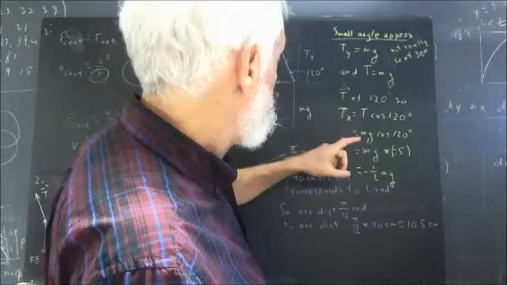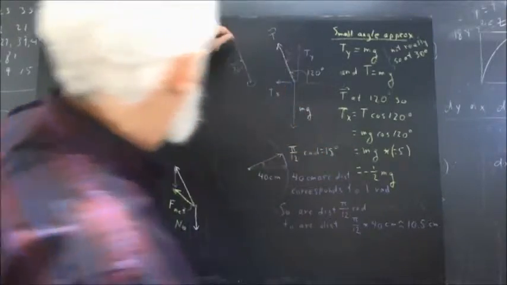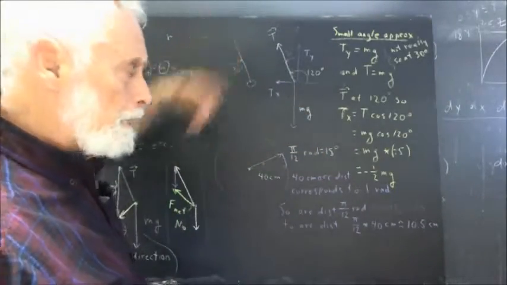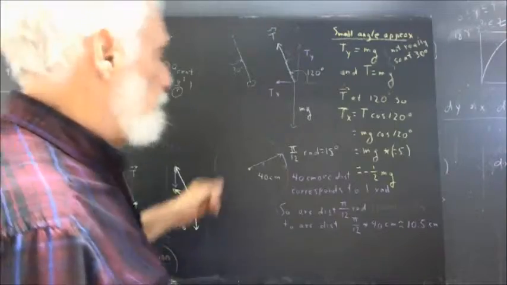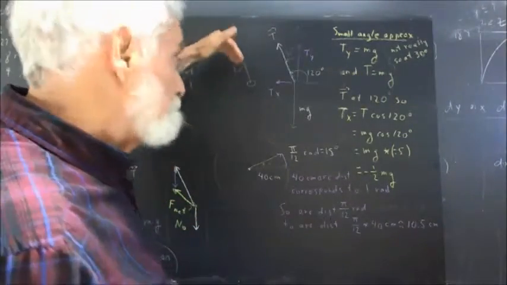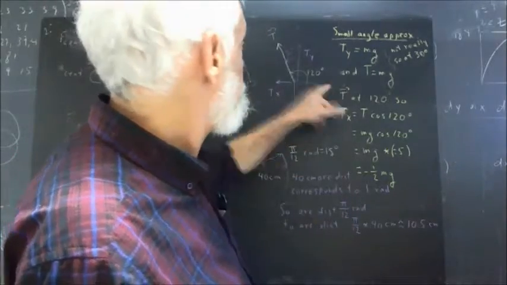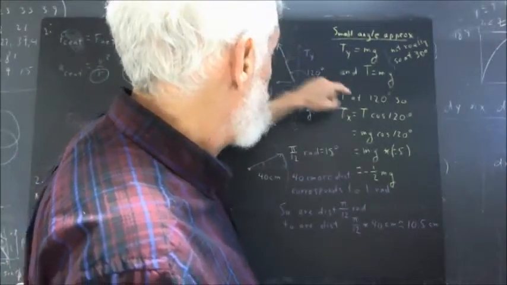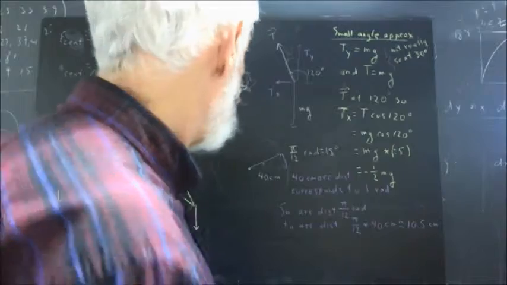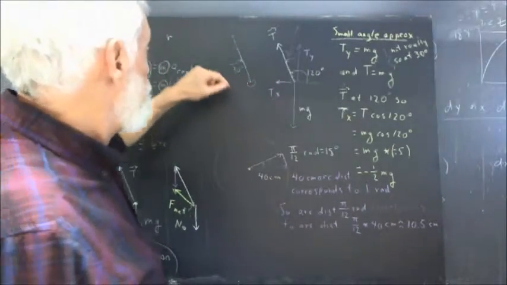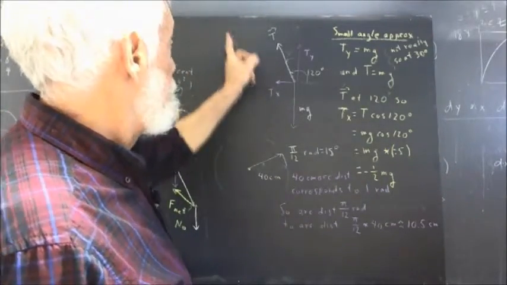In that case, since at a 30-degree angle, again, a 30-degree angle is not a real good example of a small angle, but at a 30-degree angle, the tension vector here is at 120 degrees, at least the way I've drawn it here. The vector is back in this direction.